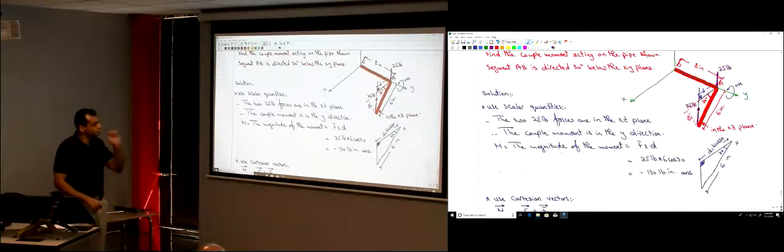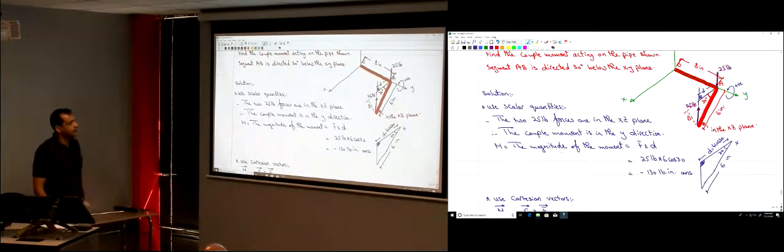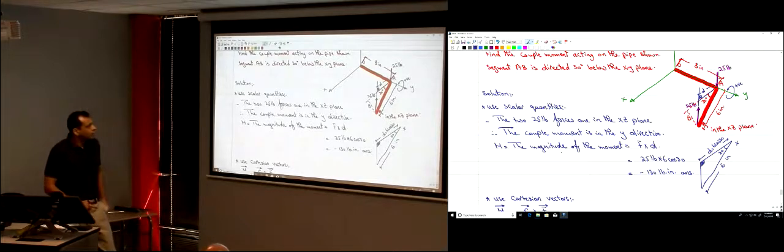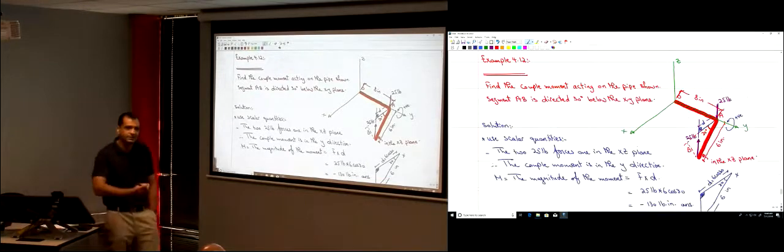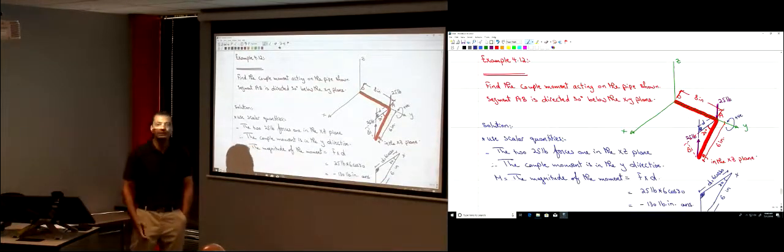What F? I have two forces here. One is going up, one is going down. How to write F as a vector? F as a vector. It has three components. A component in the x, component in the y, component in the z.